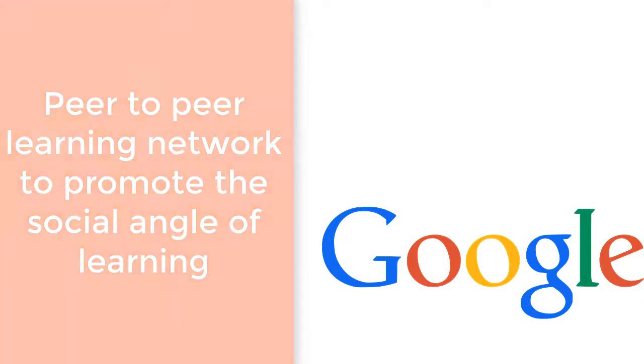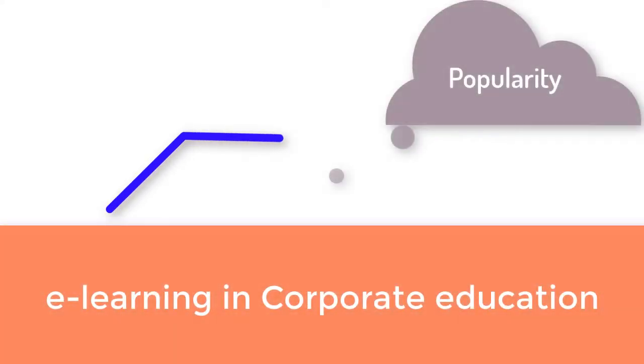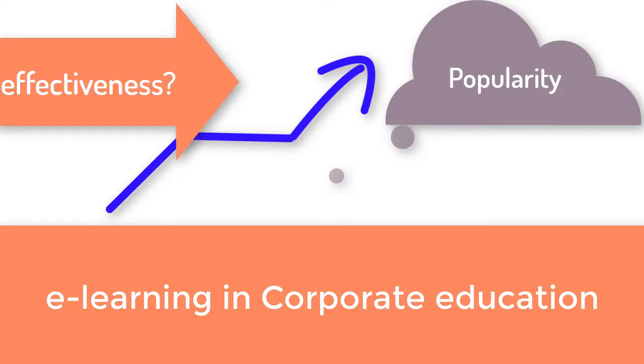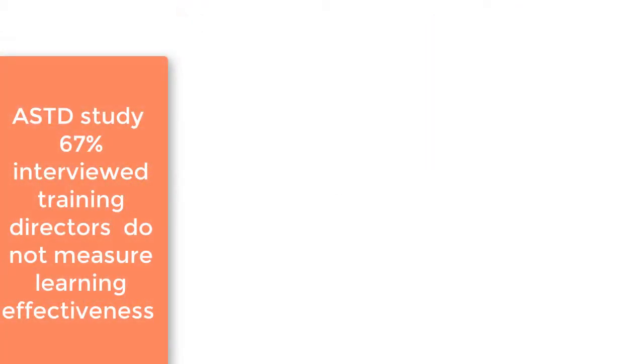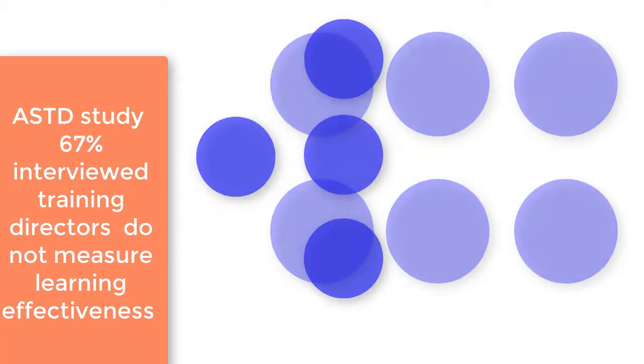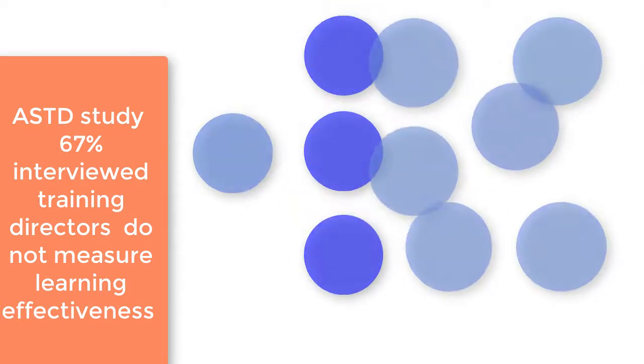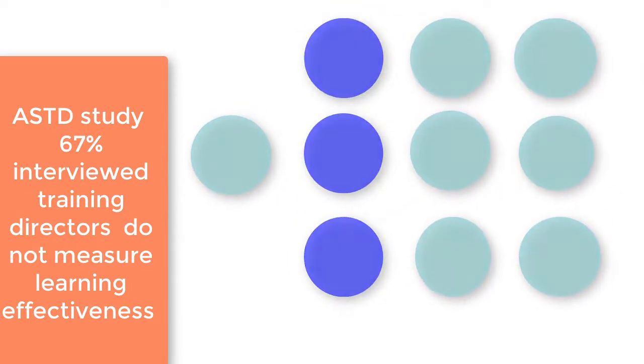It's not an unknown fact any longer that the popularity of e-learning in the corporate world is booming, but the learning effectiveness is hardly measured in these corporate programs. An American Society of Training and Development study found that 67% of the training directors who were interviewed do not measure the effectiveness of their internet-based programs at all.